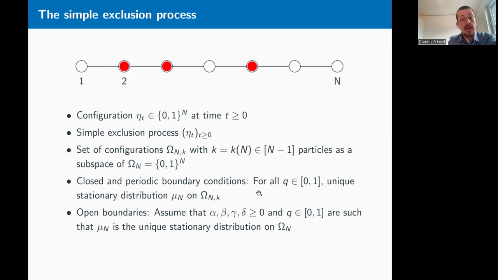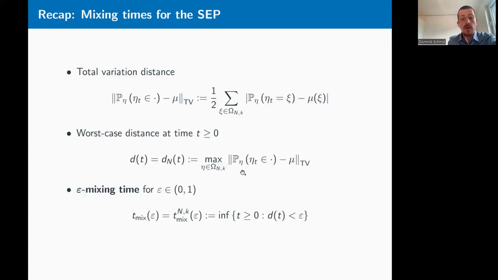And again, as in the talk by Evita, we want to consider mixing times, measured with respect to total variation distance. So just as a brief recap, in the following we're going to look at the total variation distance of our exclusion process at time t from the stationary distribution in the different cases. And we want to look at the worst-case distance at time t.